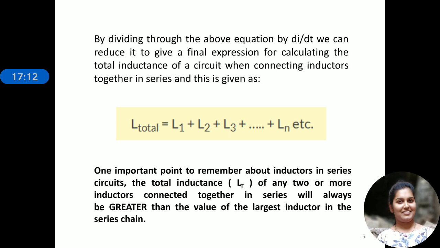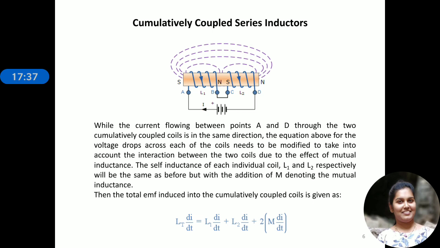Not all the time do we find inductors connected in series or parallel with no mutual inductance existing between them. In most cases we find mutual inductance between the coils. So definitely we have to discuss mutually connected inductors in series.